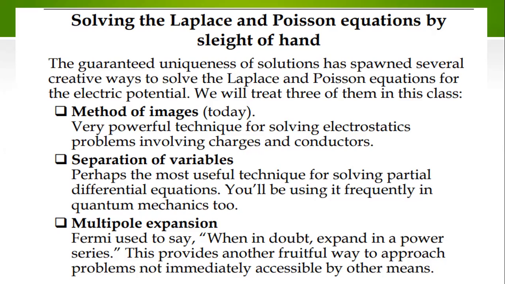And the method of image technique eventually will use separation of variables. The separation of variables, you know, because you have studied it in your graduation. And there will be some examples related to multipole expansion. So what is this multipole expansion?